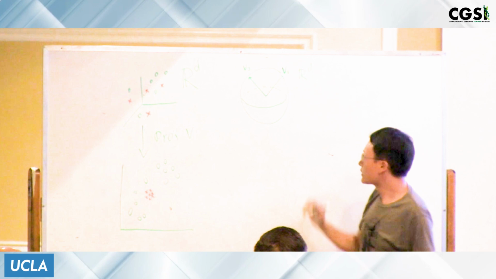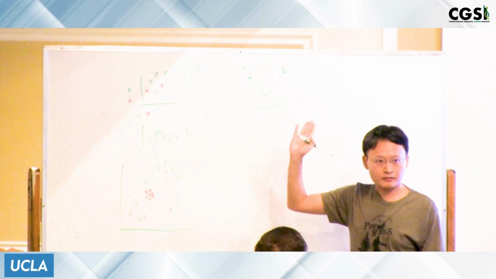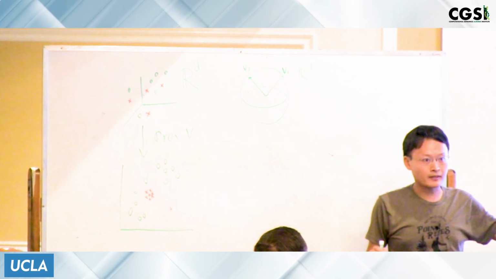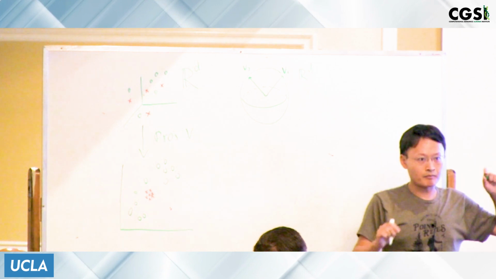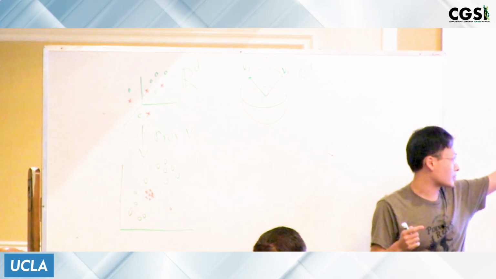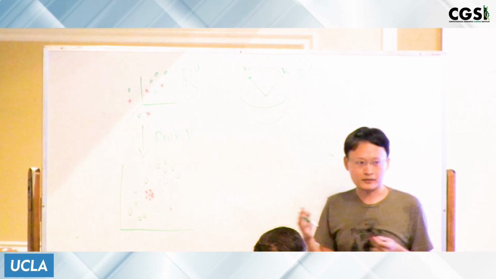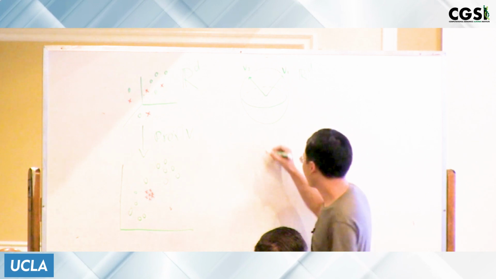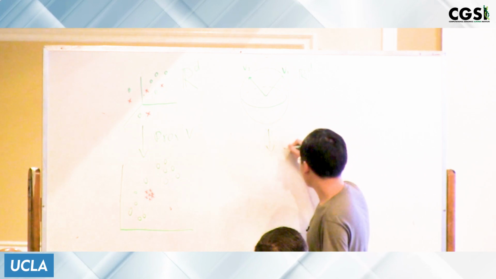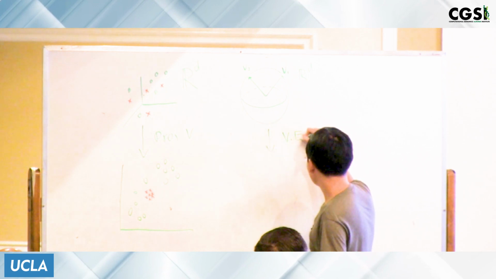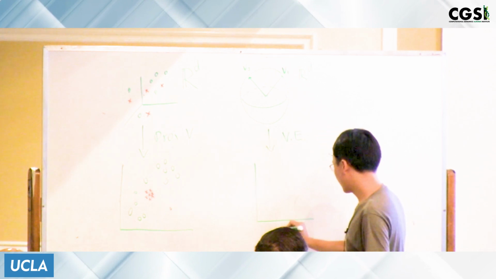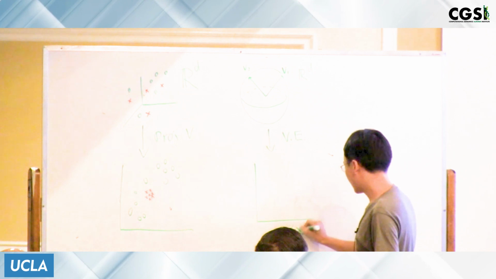For each of these unit vectors, for each of the V's, I can compute these two numbers: the variance explained by V of my foreground data and the variance explained by V of my background data. So I get two numbers for each direction. That's the variance explained. Then I can look at the following plot, which is variance explained.